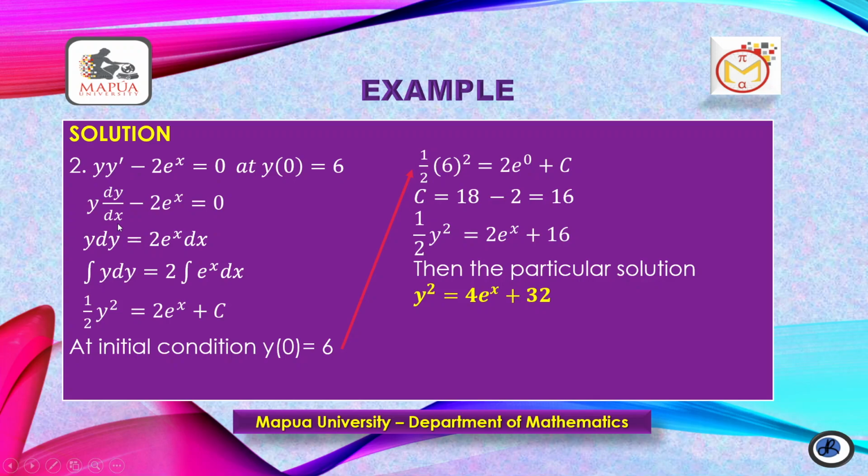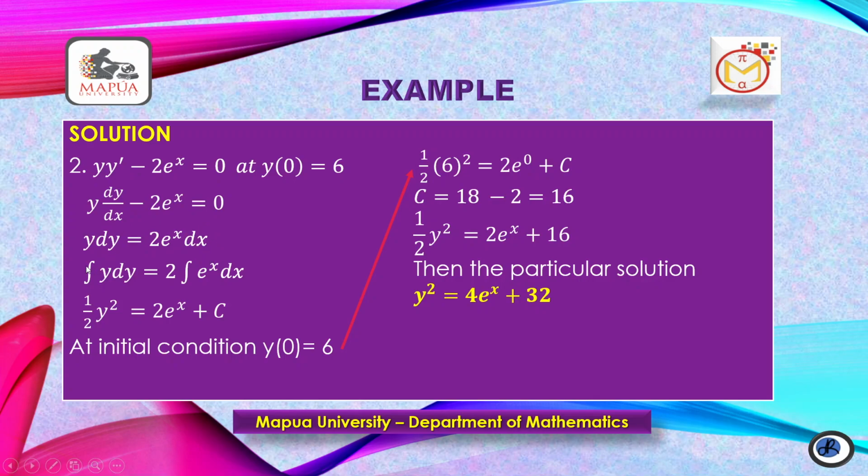Obviously, this differential equation is variable separable, meaning we can combine the y with the dy and x with the dx. So transpose the negative 2e to the x to the right side, and multiply by dx, so we now have y dy on the left side, and on the right side we have 2e to the x dx.